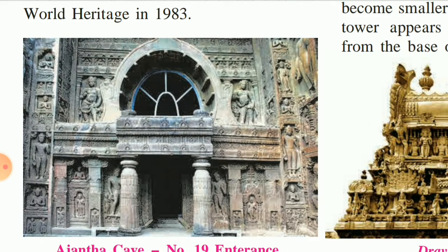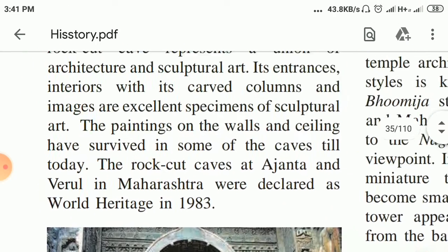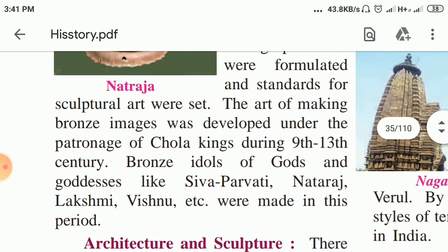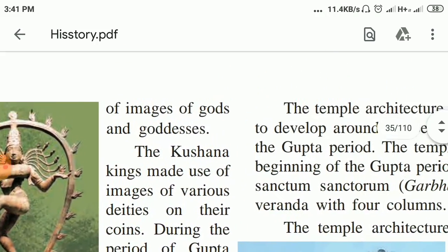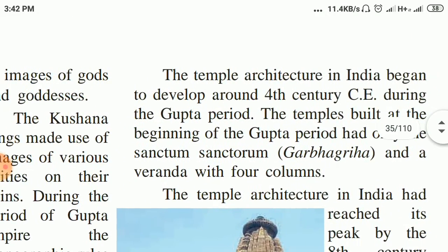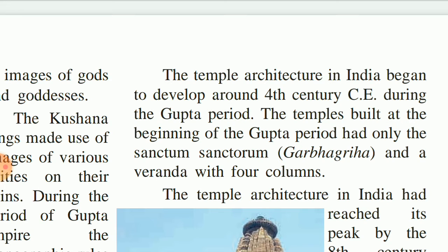The temple architecture in India began to develop around the 4th century Common Era. During the Gupta period, the temples built at the beginning of the Gupta period had only a sanctum sanctorium, which means Garbhagriha.